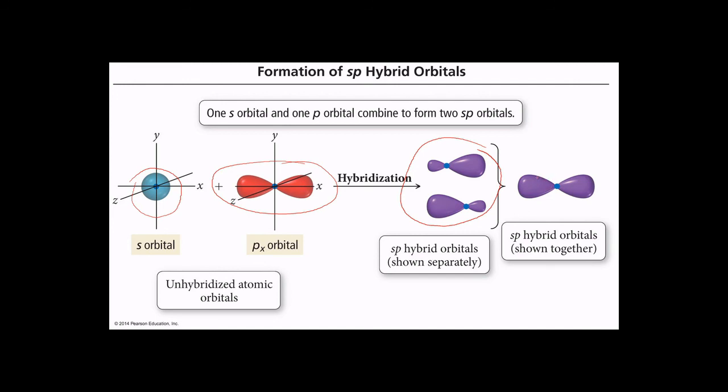So like CO2, carbon dioxide, is sp hybridized, and it is linear. And what we get from adding an s orbital and a p orbital together is 2 new hybridized orbitals that are 180 degrees apart from each other.